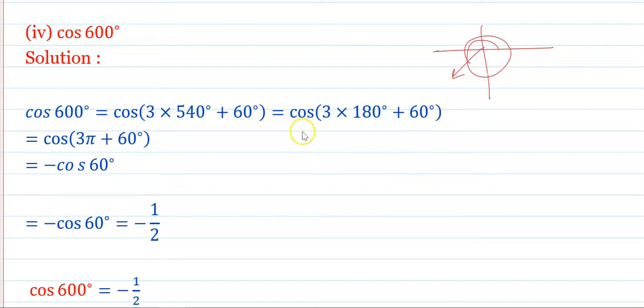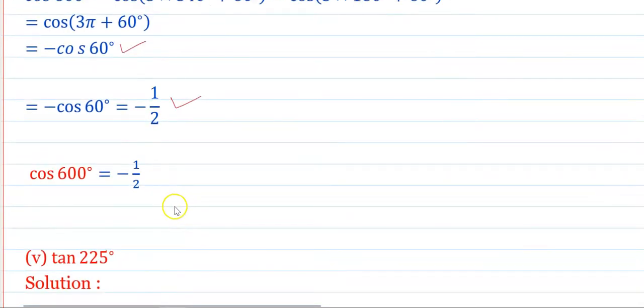And in the third quadrant, only tan is positive. And what type of angle is 3 pi plus 60? Integral multiple of pi. Function remains as it is. It is in the third quadrant. Cos चा cos राहणार. In the third quadrant, cos is negative. Therefore, it is minus cos 60. And what about cos 60? It is 1 upon 2. And hence the answer is minus 1 upon 2. Okay, and this is the answer.